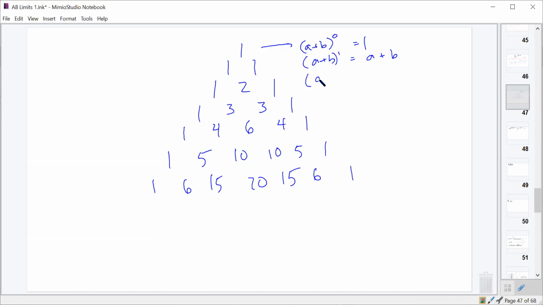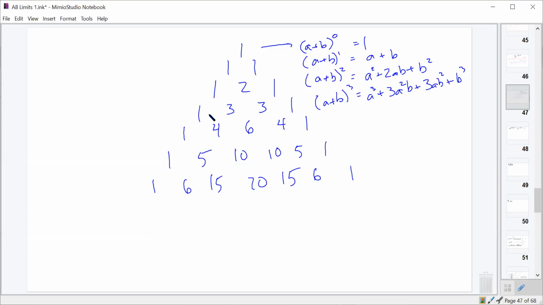And what's a plus b to the second power? a squared plus 2ab plus b squared. And what's a plus b to the third power? a cubed plus 3a squared b plus 3ab squared plus b cubed.